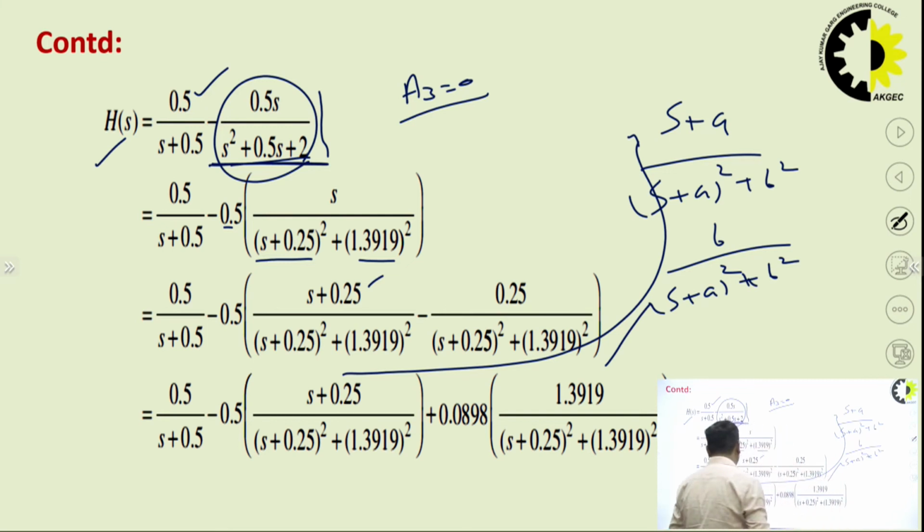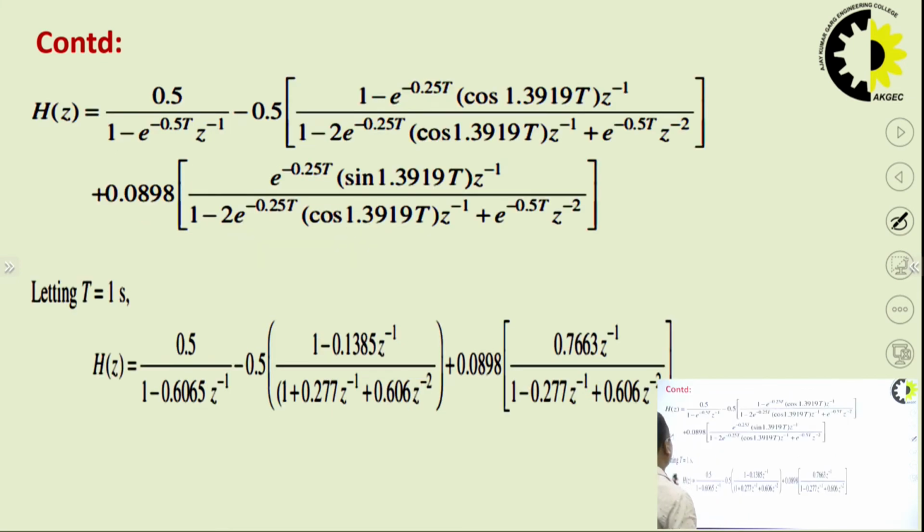Now use all three formulas here directly and you can calculate the H of Z. This is for the linear factor, this is for cosine, this is for sine. Now you are putting the value directly here.